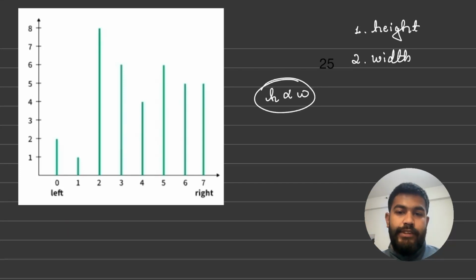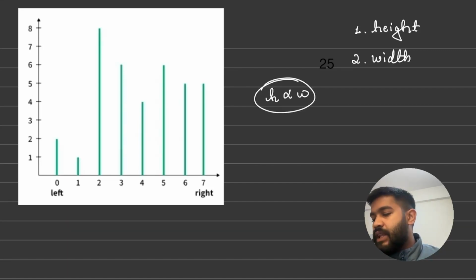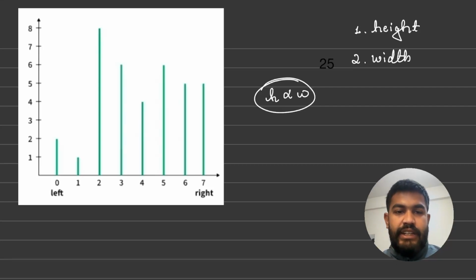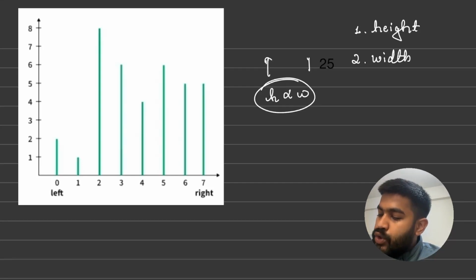Both factors influence the water, and both are directly proportional. If the height increases, the amount of water increases. If the width increases, the amount of water also increases. So we need to maximize both of these.